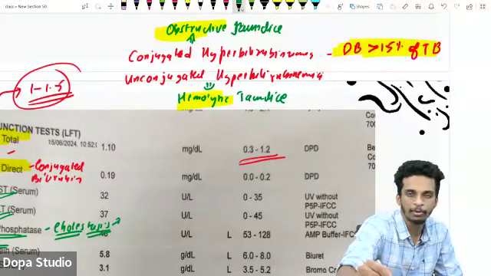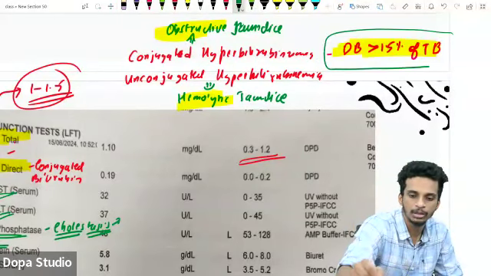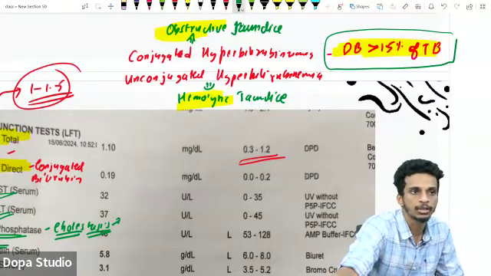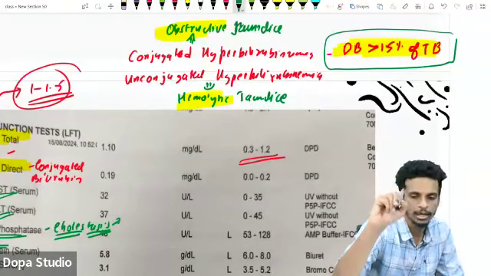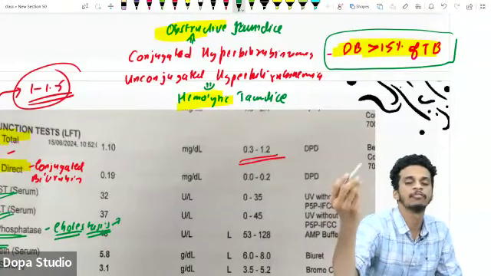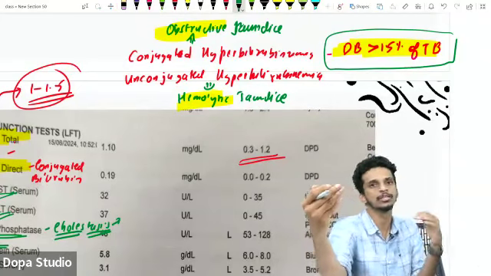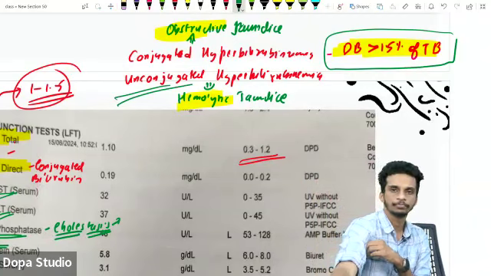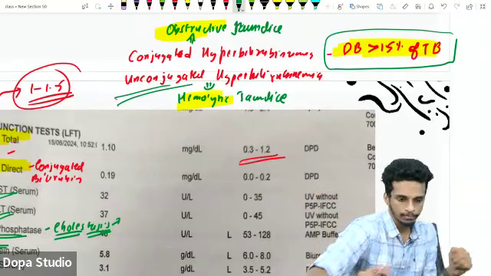Just look at the direct bilirubin. If the direct bilirubin is more than 15% of the total bilirubin, we call it conjugated hyperbilirubinemia. And vice versa, if direct bilirubin is less than 15% of total bilirubin, we call it unconjugated hyperbilirubinemia. Is that clear? Okay.